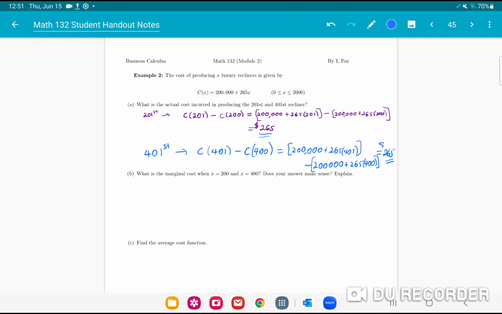Okay, so that's $265 to produce the 401st.